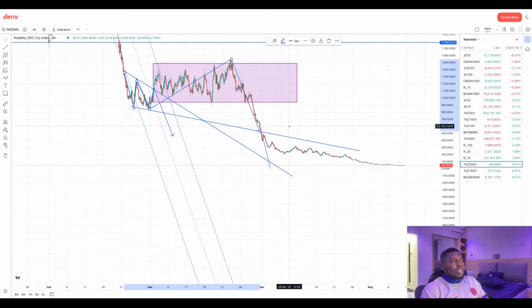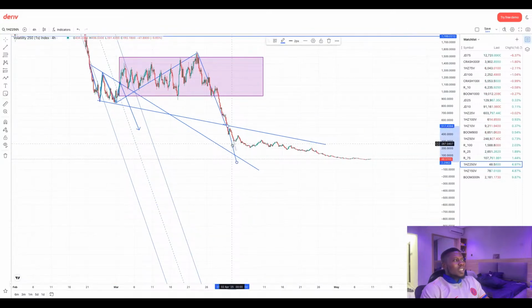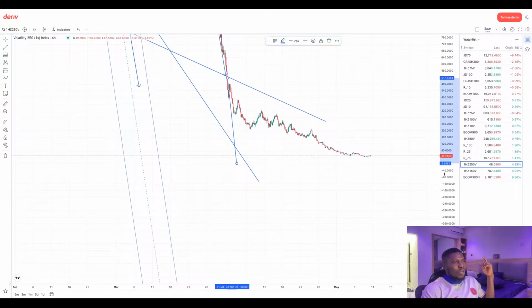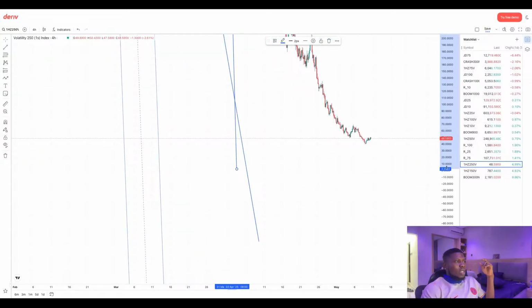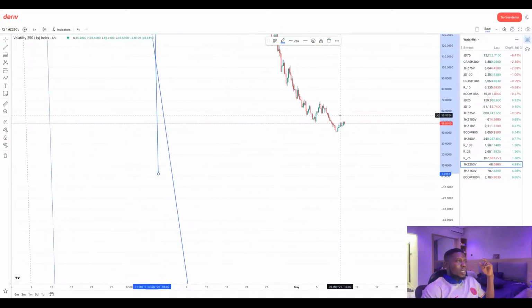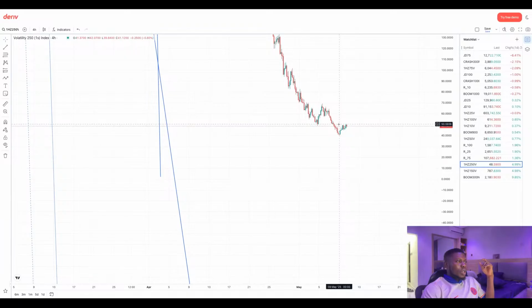That is always easy, and this is what it's giving me. The target is like $2.2. So this Volatility 250x is still going to dump all the way down to $2.2, if it's still going to be in existence, because they might actually delist it in a very short period.